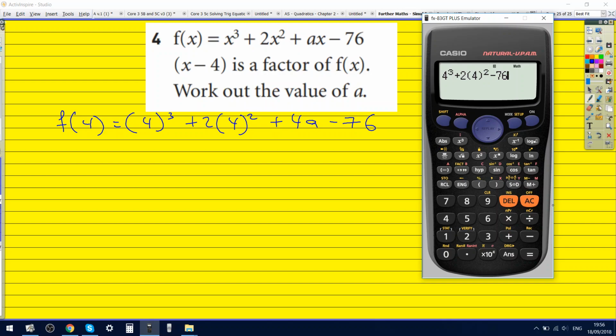I just put it all in one go, exactly as I wrote it, with the brackets and everything, and the calculator will recognize it as multiplying. Right, so try that. I think that's better because the calculator is the most accurate. So 4 cubed plus 2 times 4 squared.